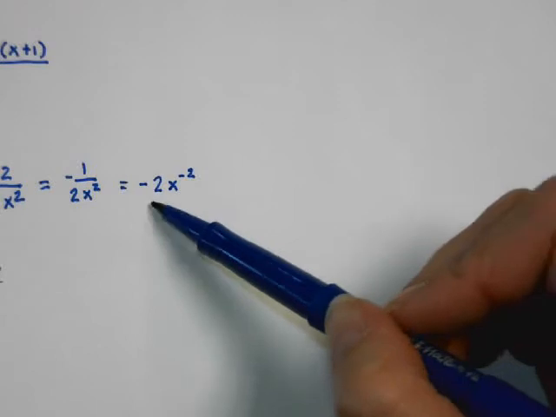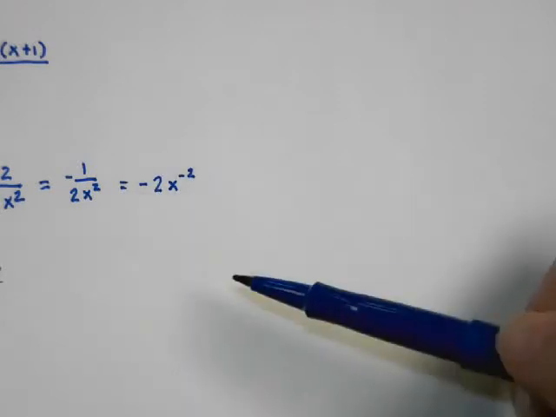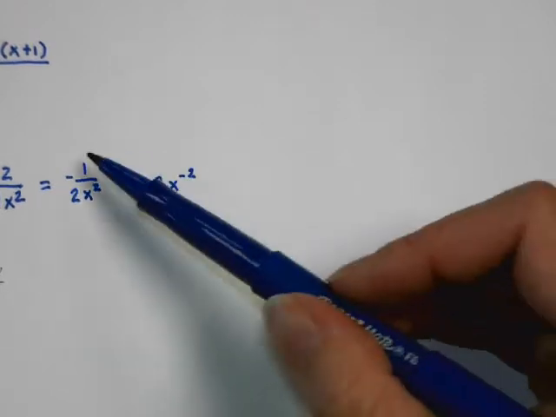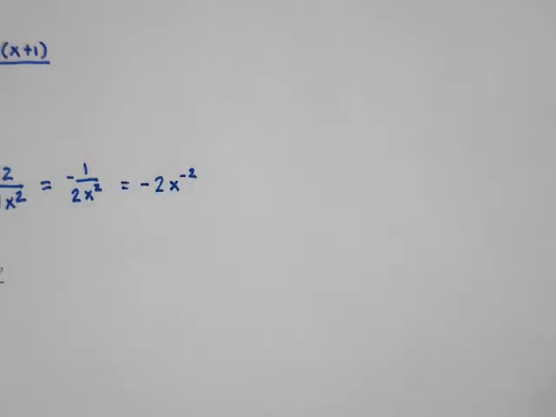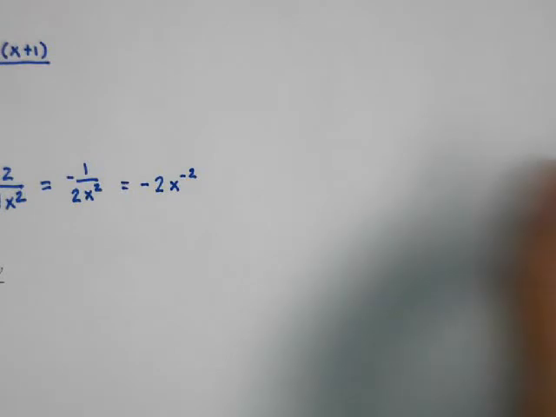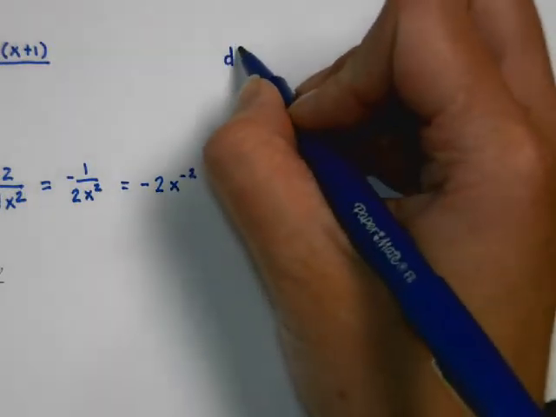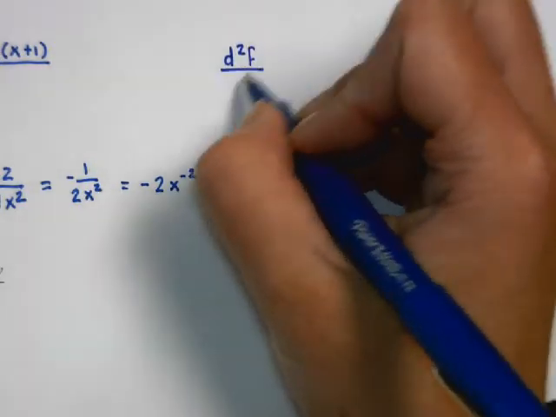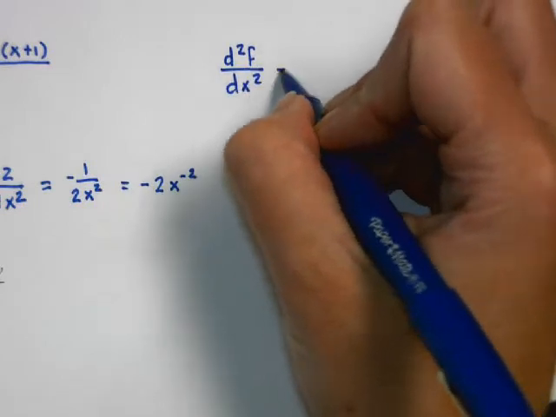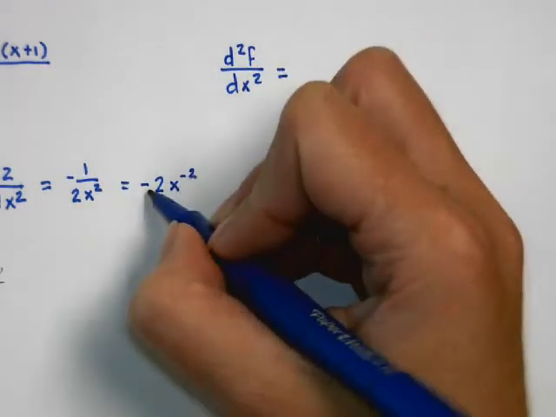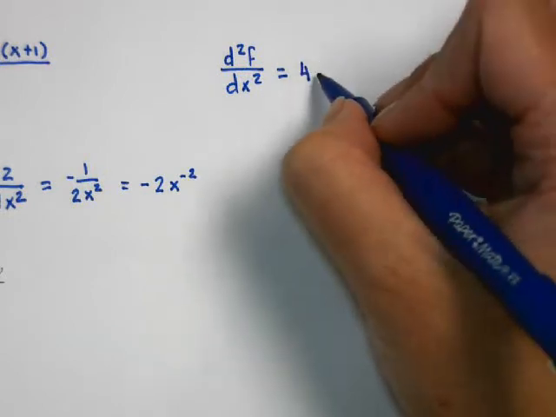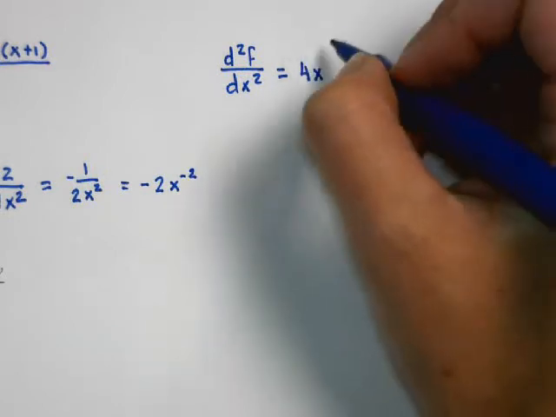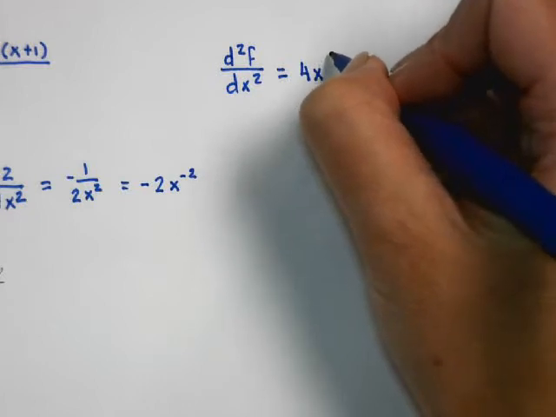So we're taking the derivative of this, and you could also use the reciprocal rule, but I'm just going to go ahead and do this. So my second derivative: negative 2 times negative 1/2 is positive 1 x to the negative 3.